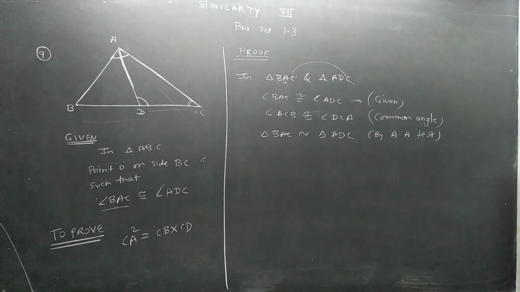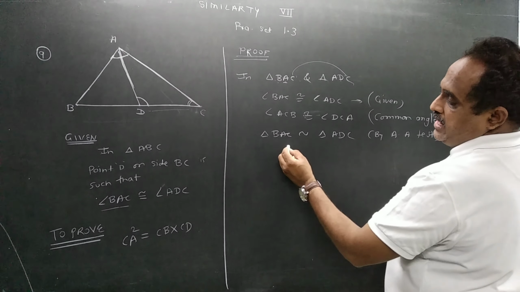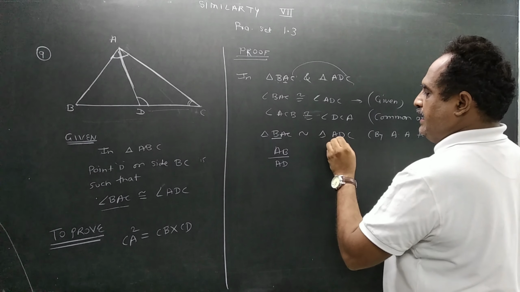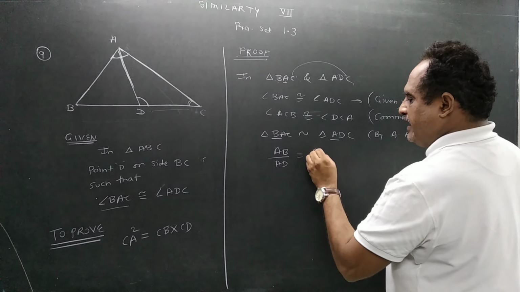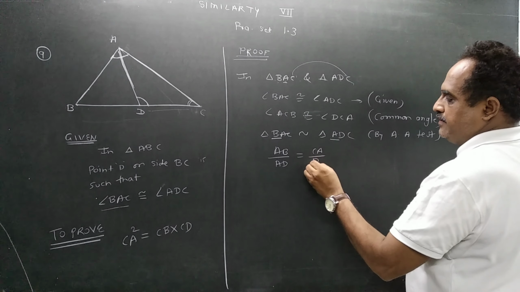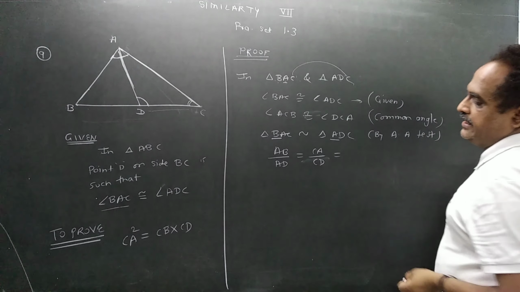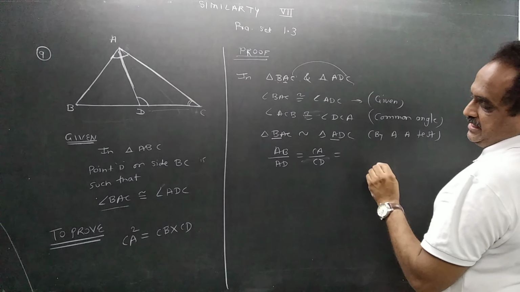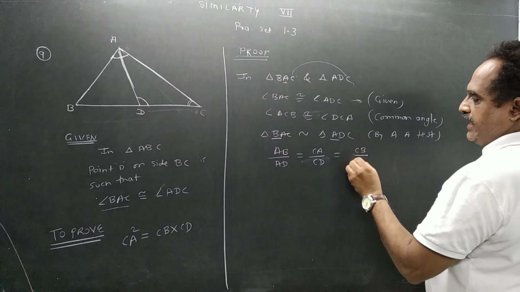Once you prove that these two triangles are similar, then because we have to prove this, we'll take the corresponding sides. So what I'm going to write, AB upon AD is equal to, AC is there but they have given CA, so I will take CA upon DC. We have taken CD, so instead of DC, I will take CD. Then last part is here BC, so they have taken CB, so CB upon again CA.